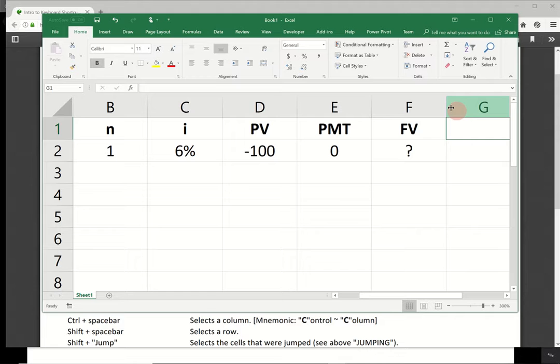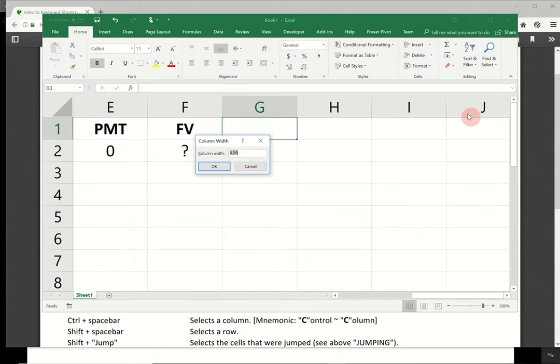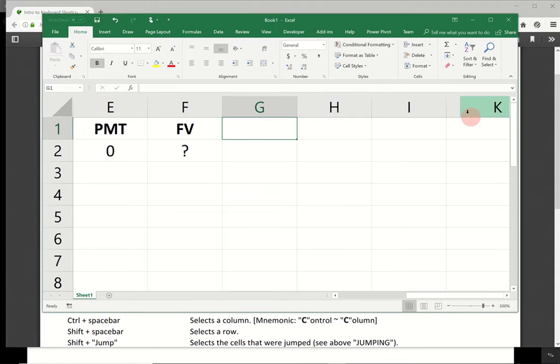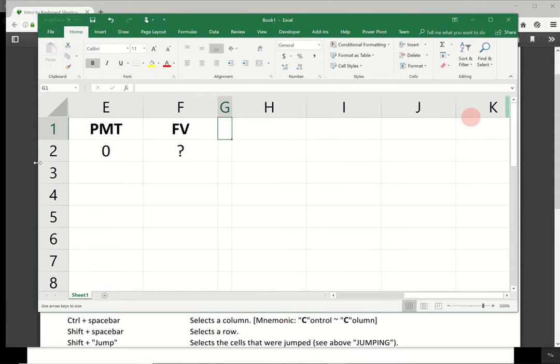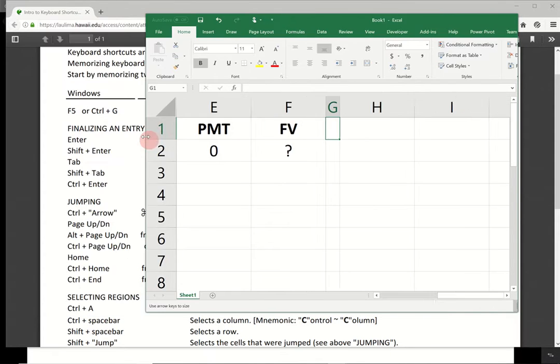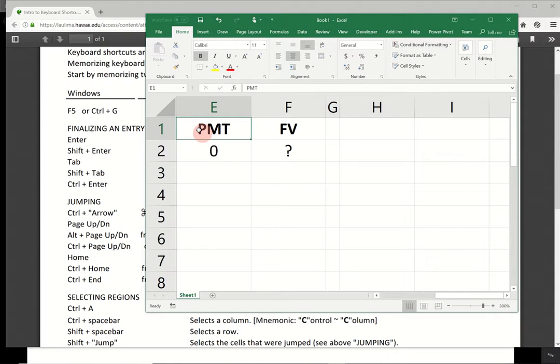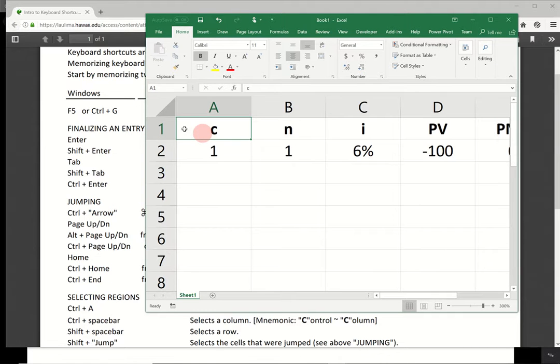So I'm going to just try to make this a little bit narrower. So Alt-H-O-W, and so let me just make that 1. And then if I go back home, it should fit now.